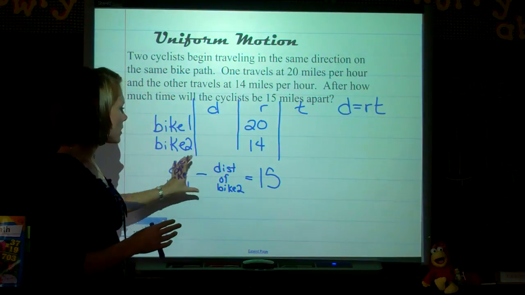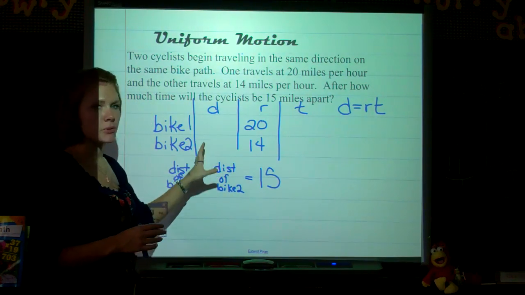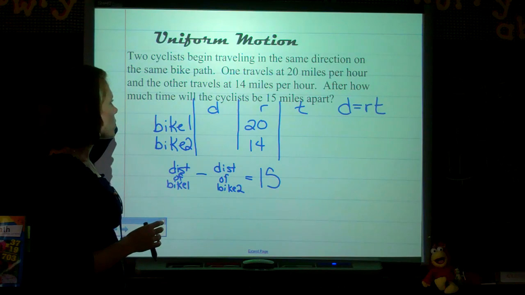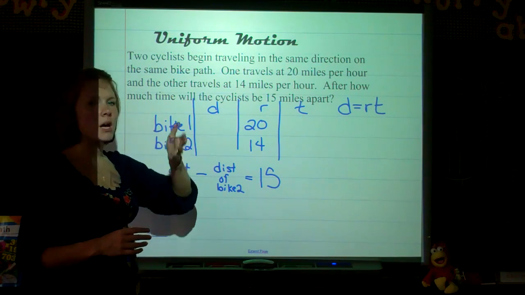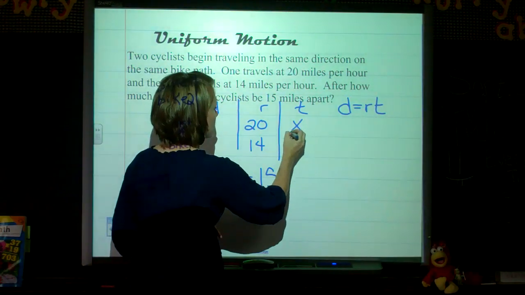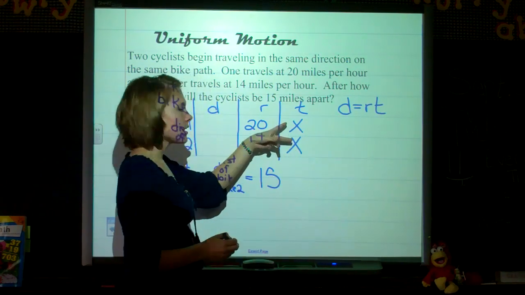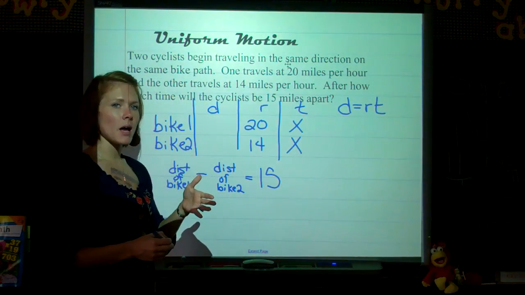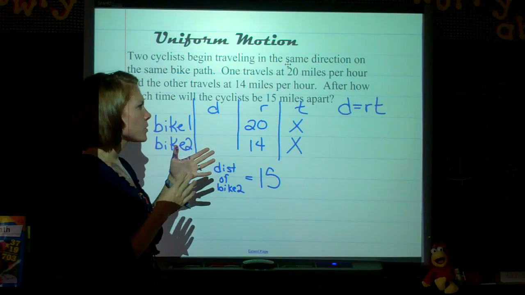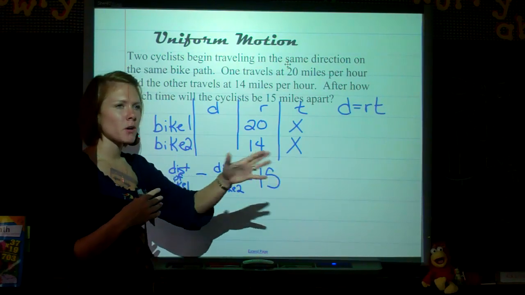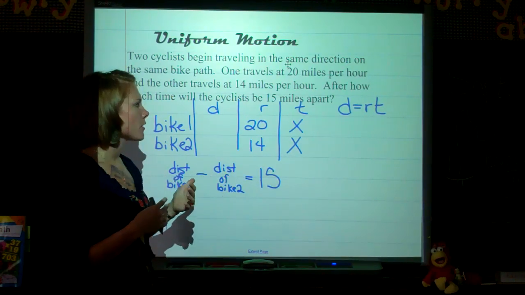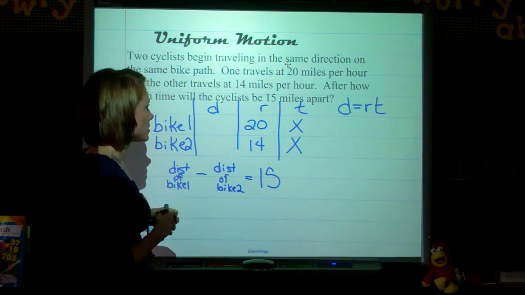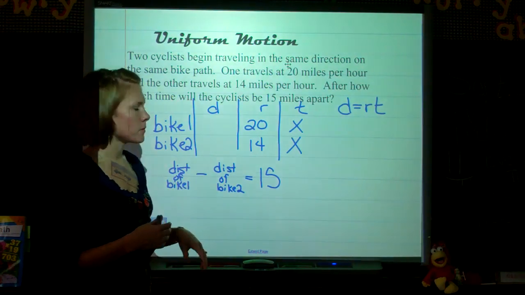So what I really need to figure out is how I can represent distance. What the question is saying is after how much time. So that's what I'm going to name my variable. And I actually can give them both the same time because once they're 15 miles apart, one hasn't driven further than the other, or for a longer amount of time, I should say. So I'm going to use the same variable.